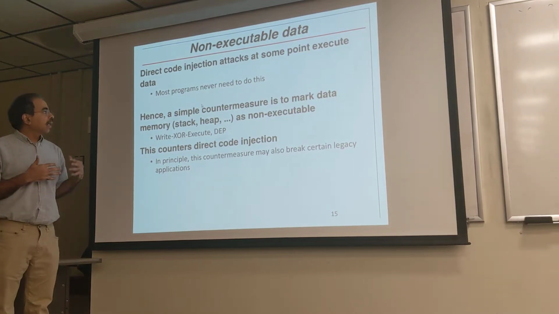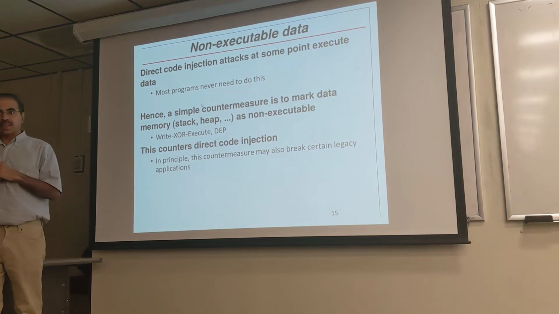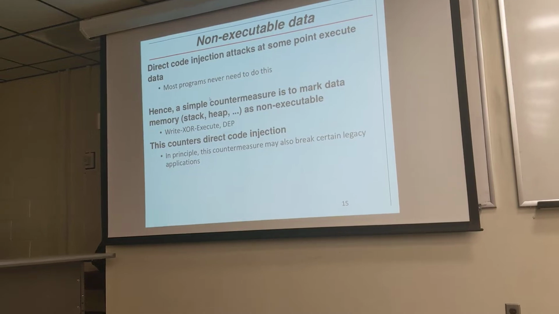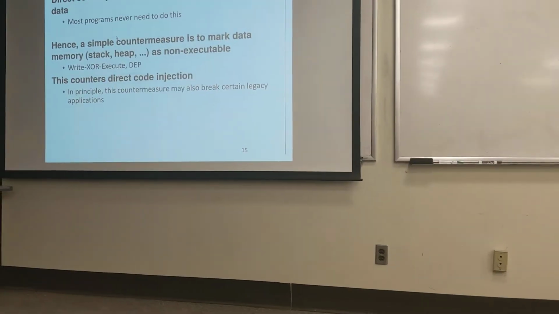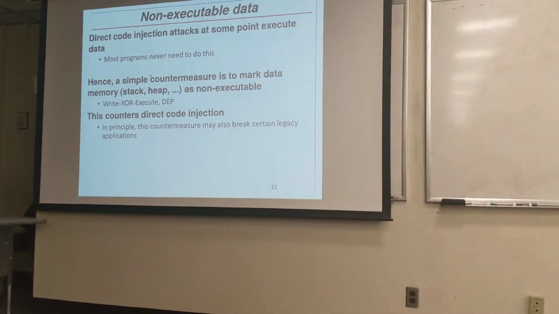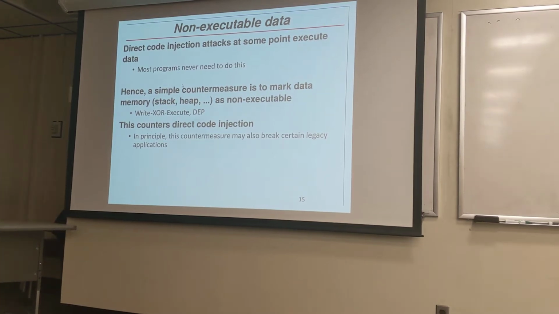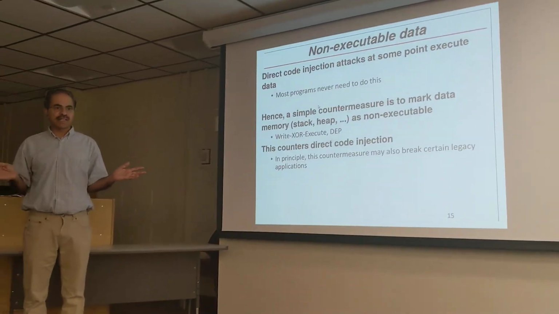And in order for code injection to work, a requirement is that the data sections be executable, right? Always keep in mind, we are talking about vulnerabilities in programs, which means that to start with, the attacker has no control over the target system. The target system is running some piece of benign software.